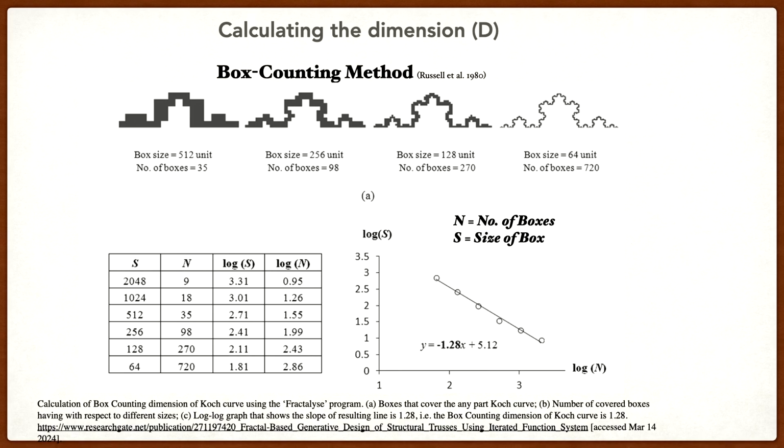Then reduce the box size by half, then see how many boxes are covering the given pattern, and keep reducing it. Then study the log of N, the number of boxes covering that pattern, versus the size of the box. If you get such a correlation, it means the dimension is fractional, and the slope of this curve will give you the dimension of that structure. Okay, so here for the Koch curve, the dimension is 1.28.